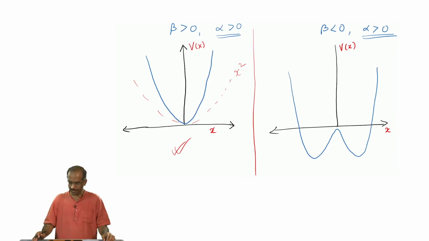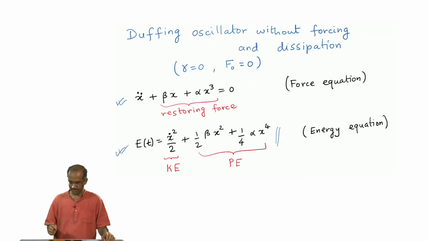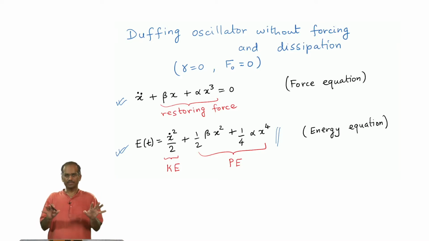On the other hand, if beta is less than 0, the first term is going to take a negative sign. So, it is a competition between two terms, one is positive, alpha x power 4 term is positive, but beta x square term is negative. So, you can see that if x has a large value, so if you are looking at large displacements, then x power 4 will dominate in these two terms.